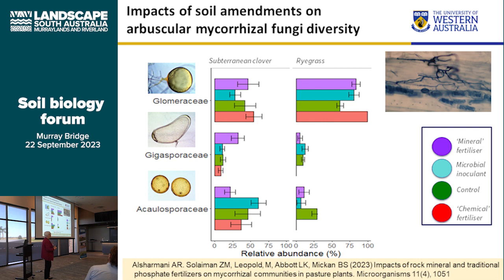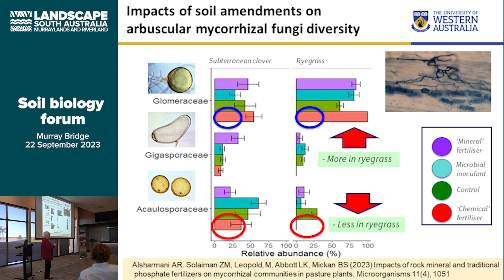But basically, all the mycorrhizal fungi in your soil will colonise all of the different plants that are in there, with a little variation depending on the treatment or depending on the plant you're growing.